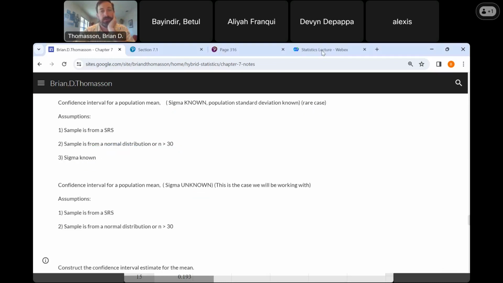Sigma is the population standard deviation. The only way we can get the population standard deviation is to sample everybody in the population. And if we have everybody in the population, then we know what the population mean is. And if we know the population mean, then it would be really silly to estimate it, because we have the exact value.